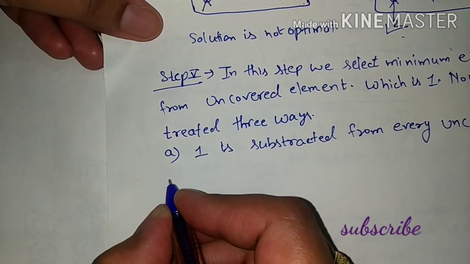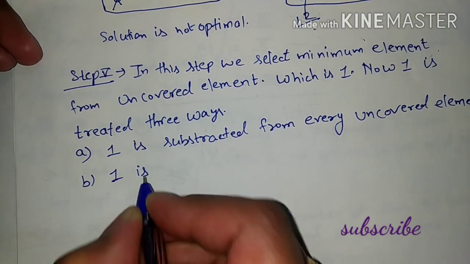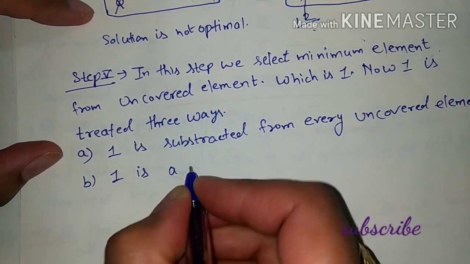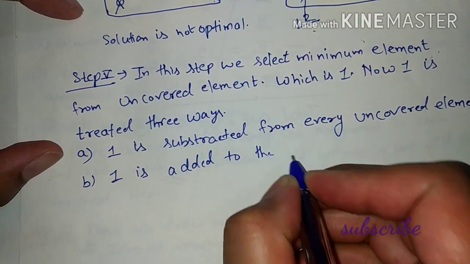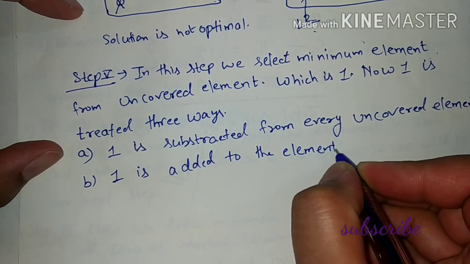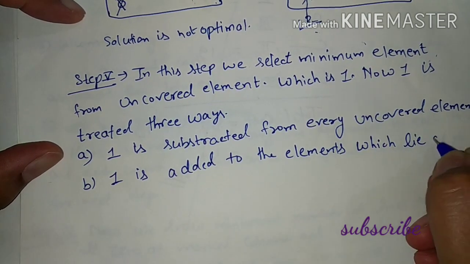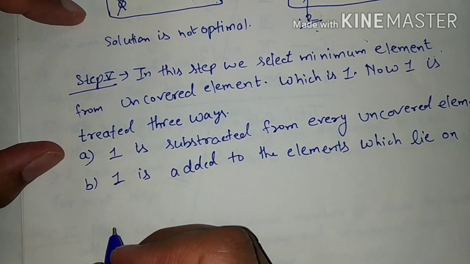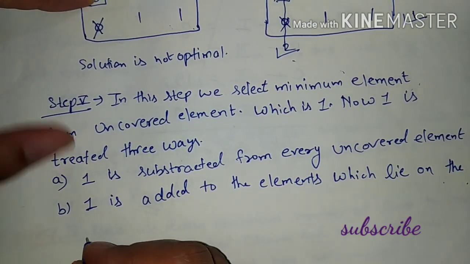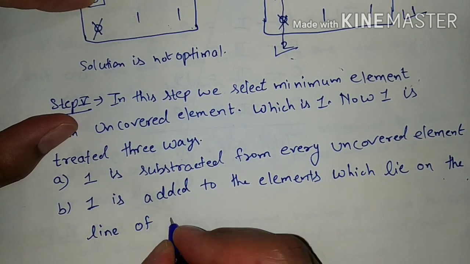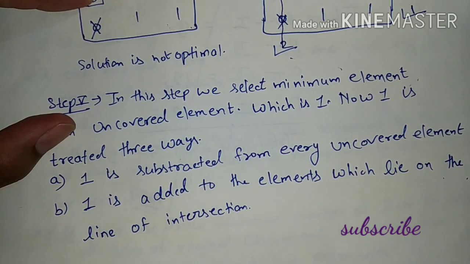B step: 1 is added to the elements which lie on the line of intersection.